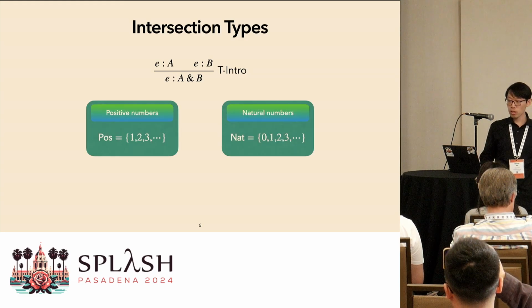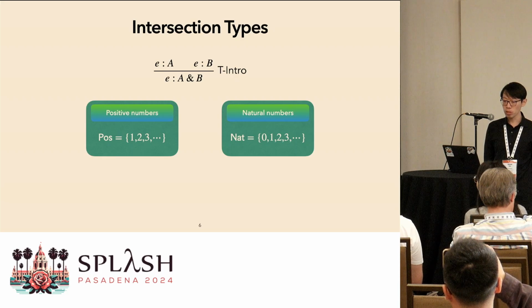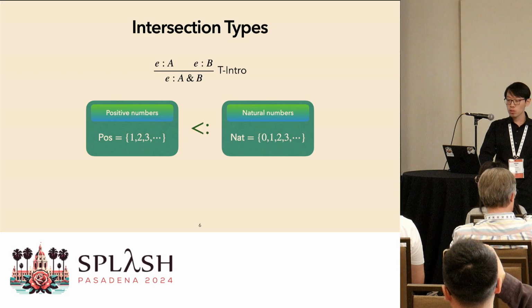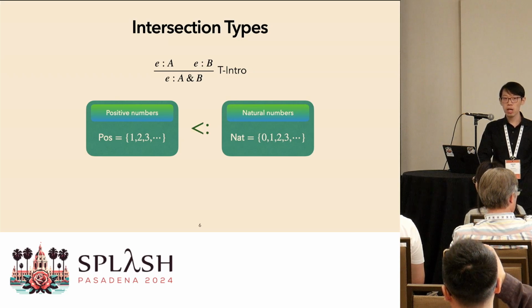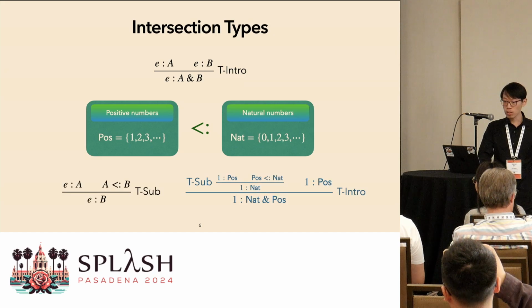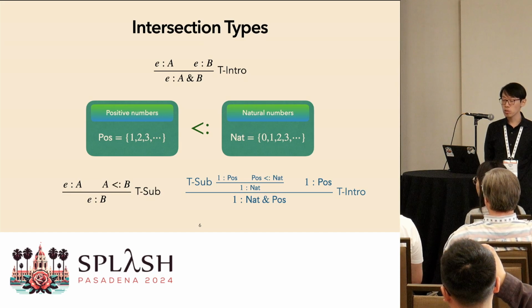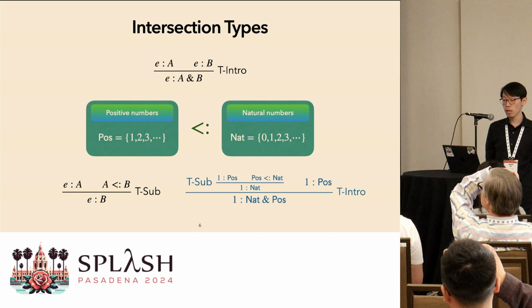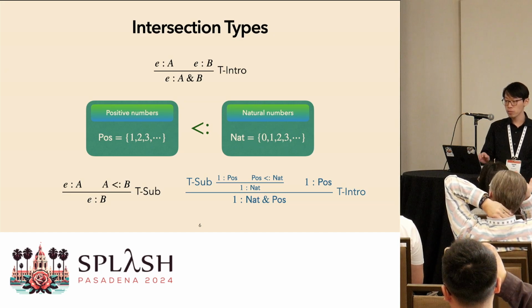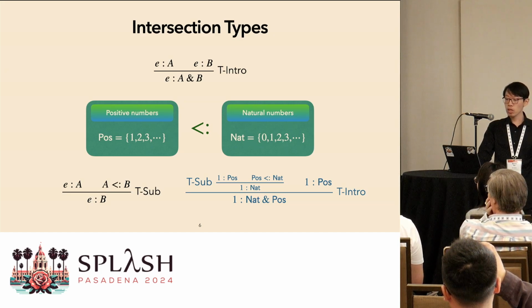A simple example is positive numbers and natural numbers. You can find there is a subtyping relation between them, and you can easily derive that 1 is both a natural number and a positive number, so it has type Nat and Pos. That's the typical introduction rule for typing.